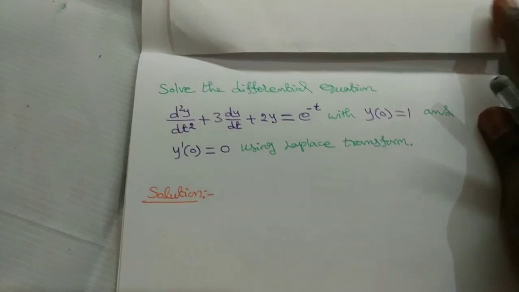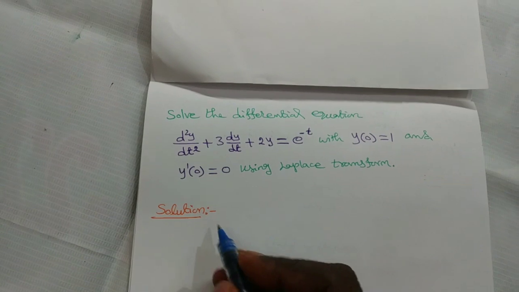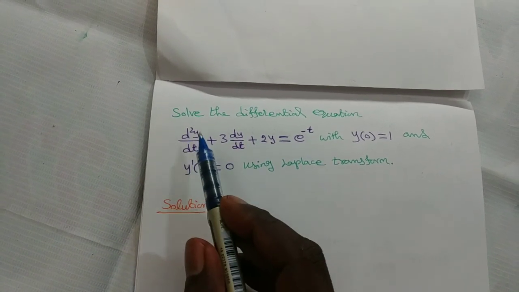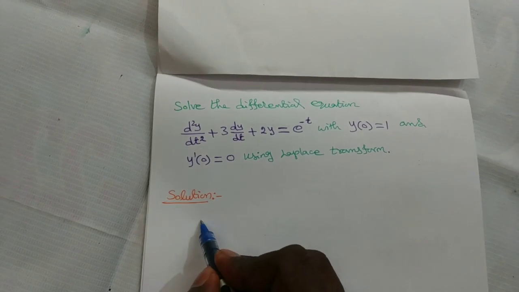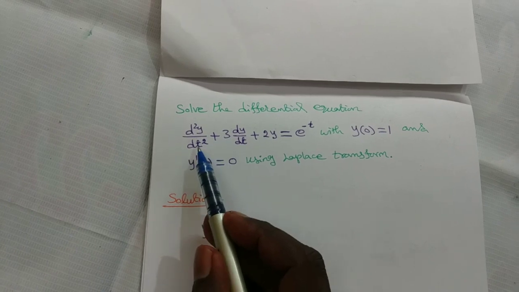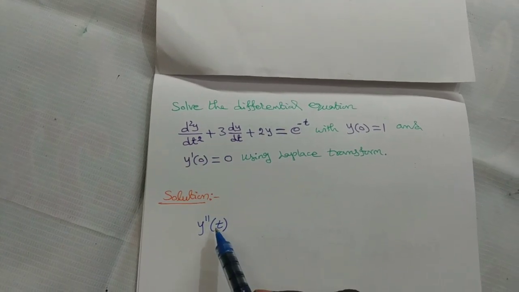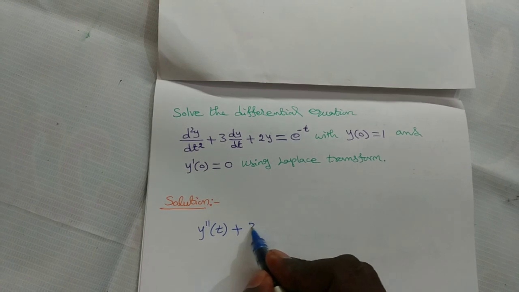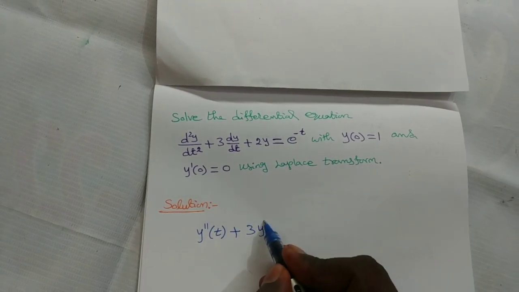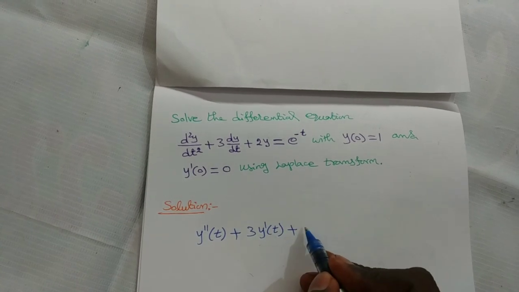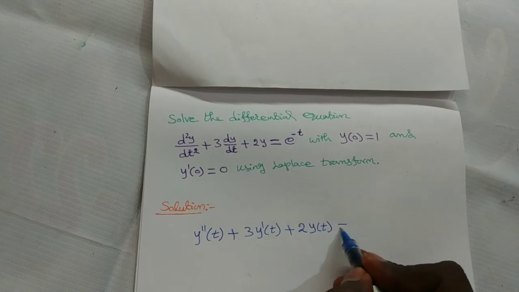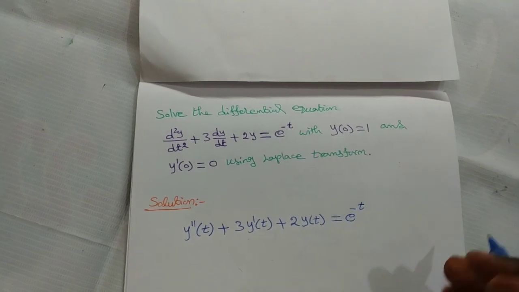Now the given differential equation can be rewritten as follows. This is a second-degree equation, so it can be written as y''(t), because the variable involved is t, plus 3 into the first derivative dy/dt, which is y'(t), plus 2 into y, which can be written as y(t), is equal to e^(-t).